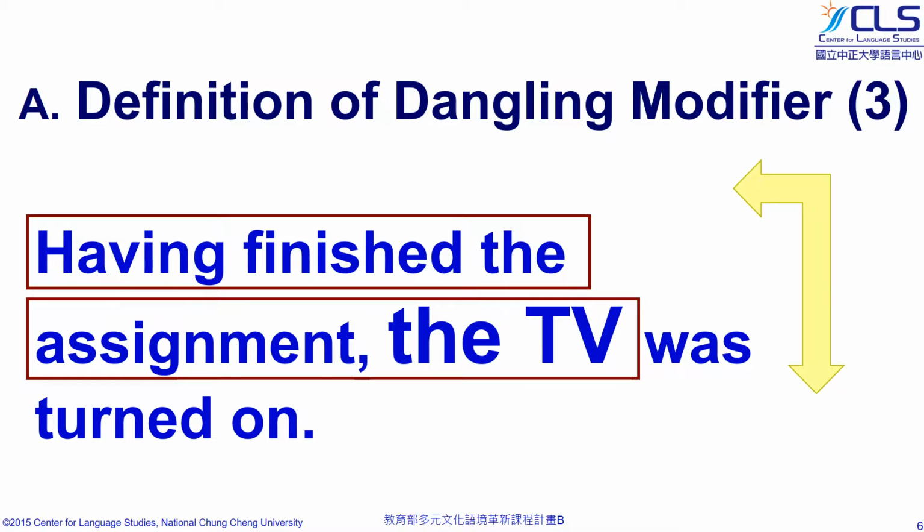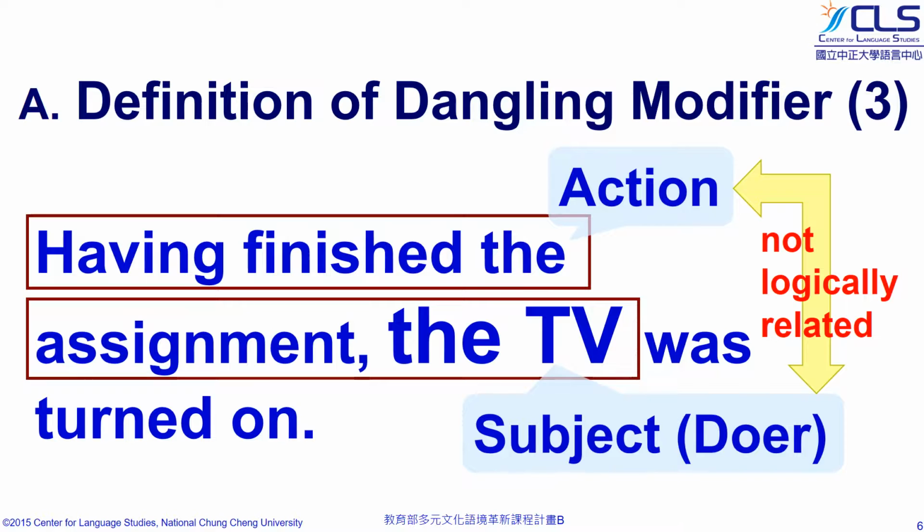Having finished is the participle expressing an action, but the doer is not a TV set. TV sets don't finish assignments. Since the doer of the action expressed in the participle has not been clearly stated, the participle phrase is said to be a dangling modifier.